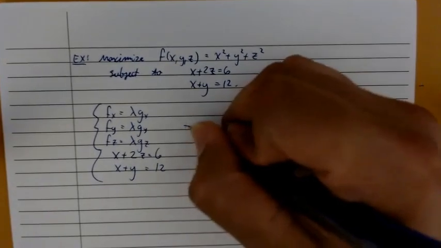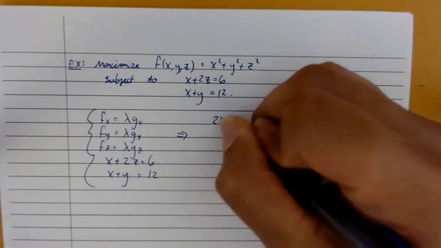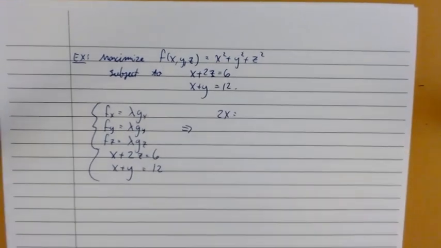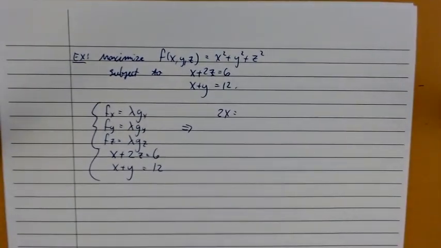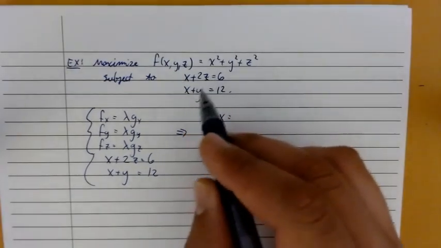So here, that's going to be, all right, the partial with respect to x, that's 2x. Here, the partial of, oh, let's see here. Oh, actually, I've made a mistake. My notation is wrong. Here, I have two different functions.